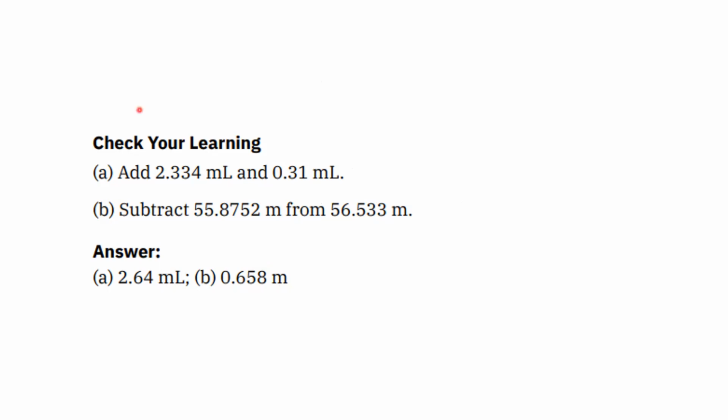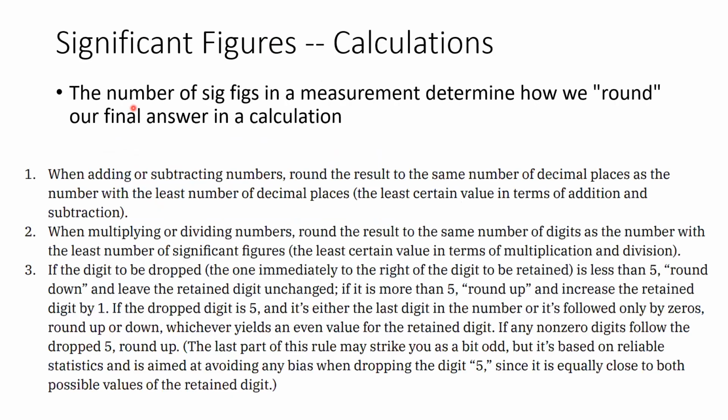And then just to go back for a second to look at the second rule. We have one set of rules for addition and subtraction, where it's just based on whatever value is the least precise. So whatever value had the fewest digits after the decimal, or if it's a whole number, our answer just has to be a whole number. But with number 2, now we've got multiplication and division.